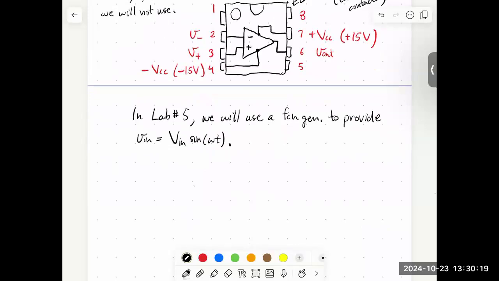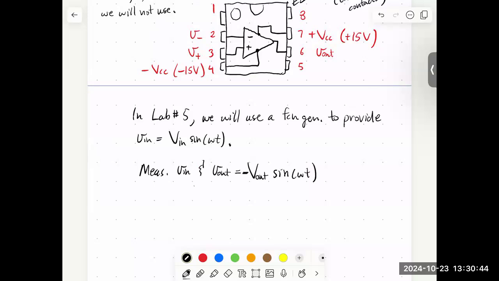Let's continue thinking about what we're going to do. So we'll measure V in and V out. So what's V out going to be? It's going to be an oscillating signal as well. And it's going to oscillate at the same frequency. It'll just be inverted.